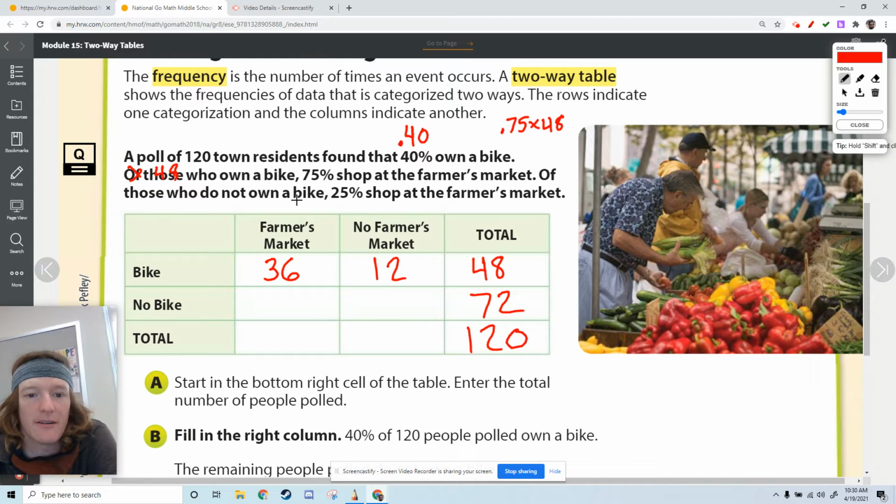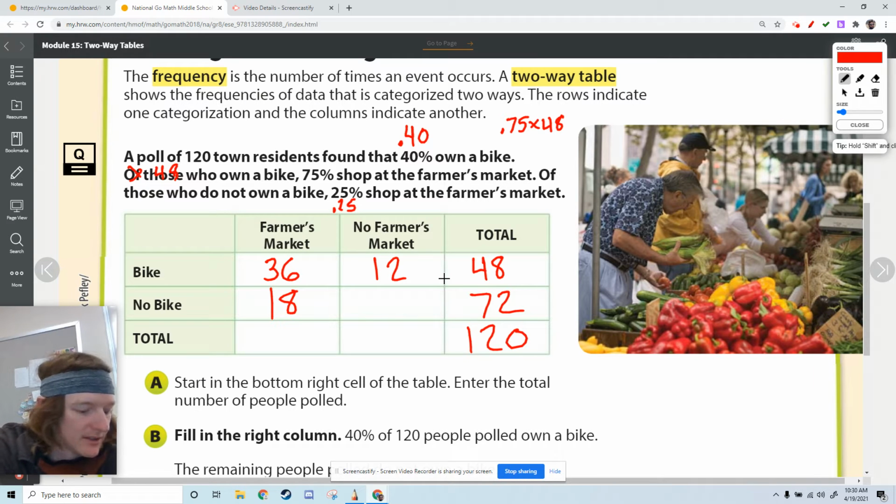Of those who do not own a bike, of all of these people, 25% or 0.25 out of 72, so 0.25 times 72. Of those who don't own a bike, 25% shop at the farmer's market. So we have 18, that's 25% times 72.